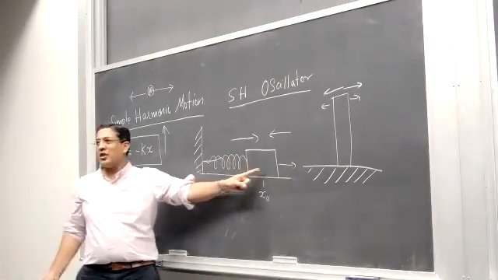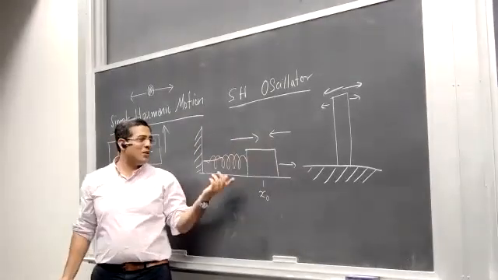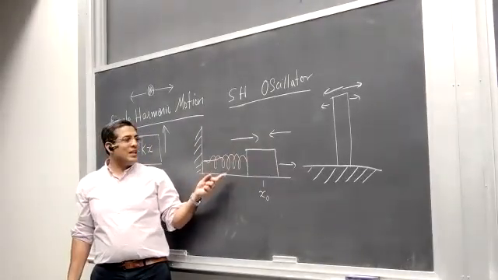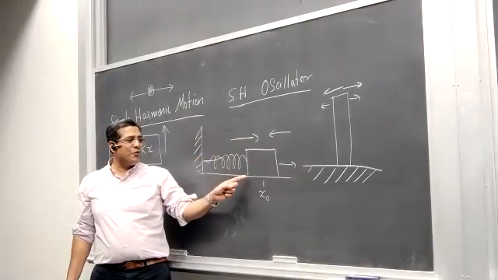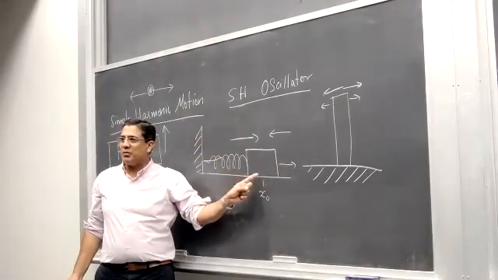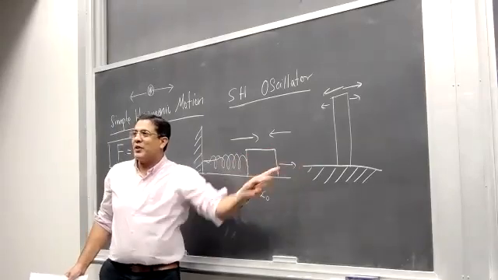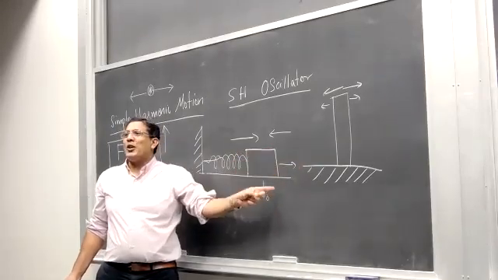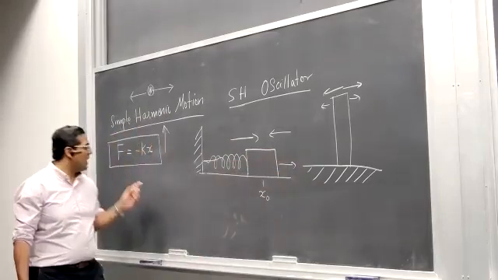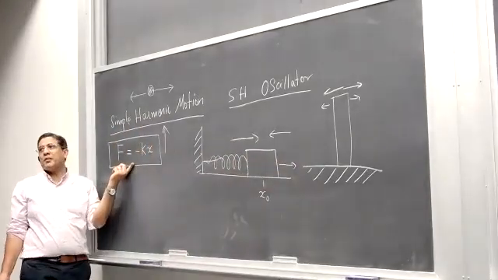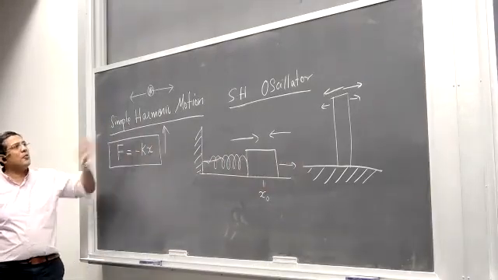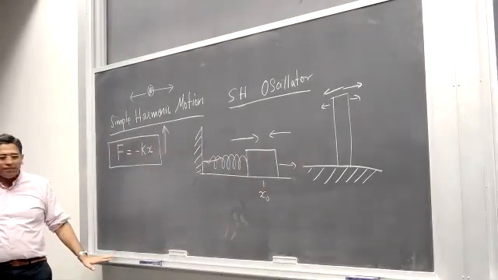For example, if you push this block too far away, probably the spring would get permanently deformed and you would never come back. But in between these two extremes, there would be a critical point beyond which the force won't have this dependence, and then it won't be simple harmonic motion any longer.